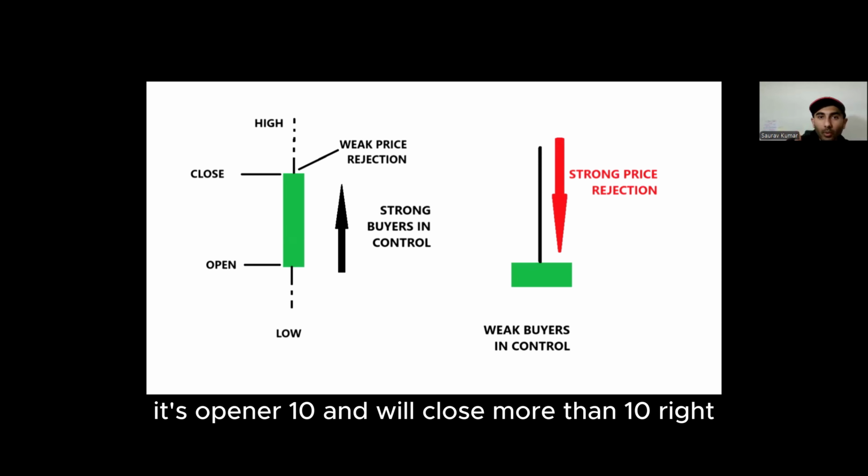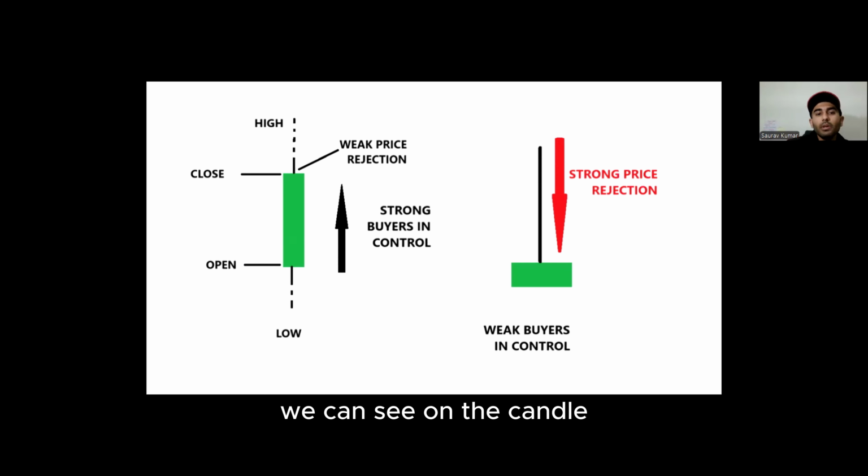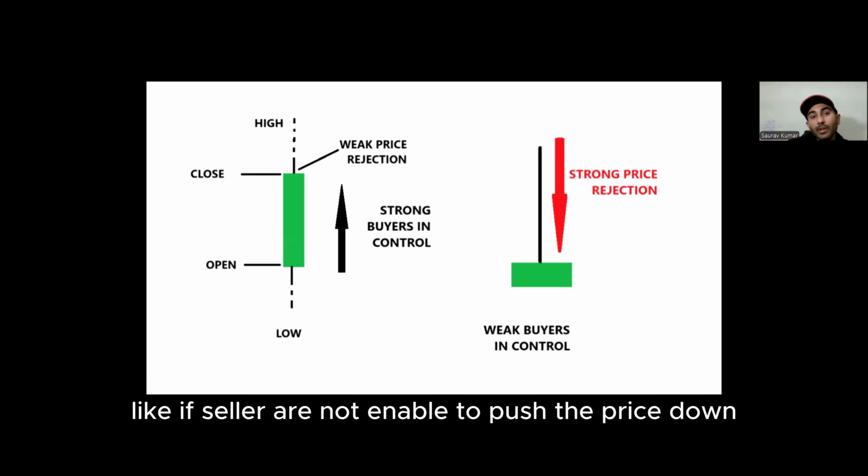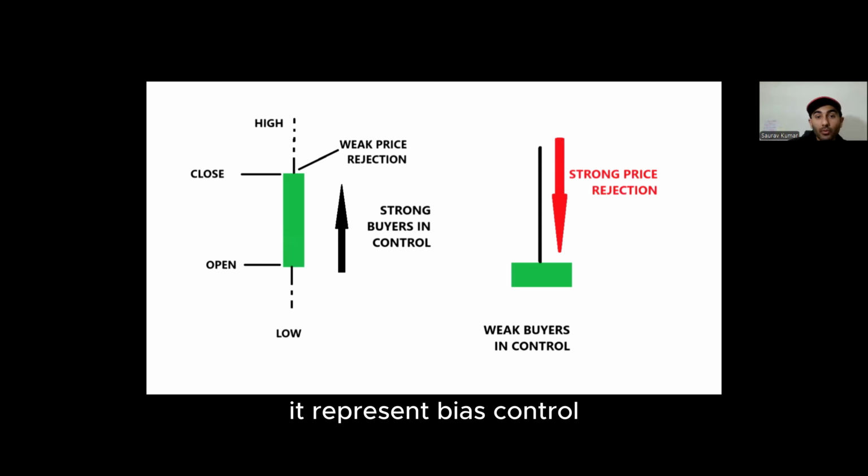For example, it opens at 10 and closes above 10. This point we call the wick represents a weak price reaction. If sellers are not able to push the price down, it represents buyer control.